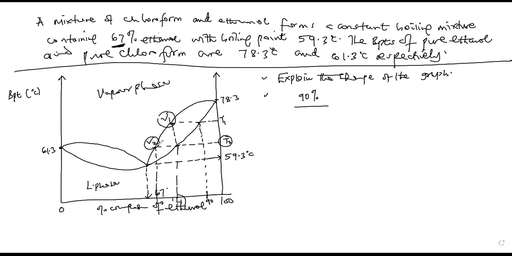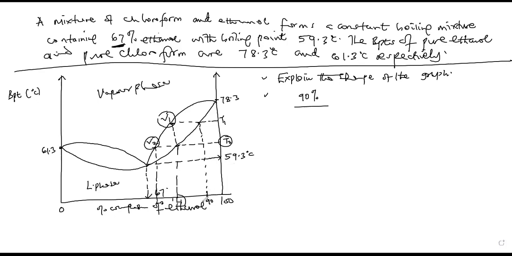When this vapor is condensed, it is going to produce liquid L2 of the same composition as the vapor, but still of a lower percentage of ethanol. Now, repeated vaporization and condensation will yield an azeotropic mixture as a distillate and pure ethanol as a residue. Why? That component whose composition is reducing is what we obtain as a residue. But an azeotrope is obtained as a distillate.